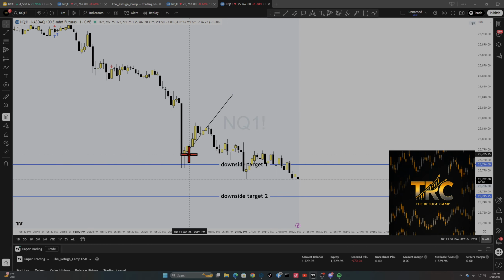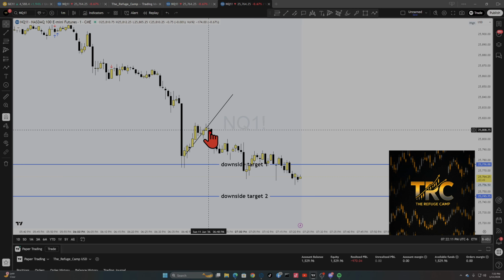Our setup that we're waiting for in a break and retest is for these candles to break below this line. And it has to break with a body close, right? Which is exactly what happened here. This candle broke and failed to close above the trend line. This candle opened and did what?